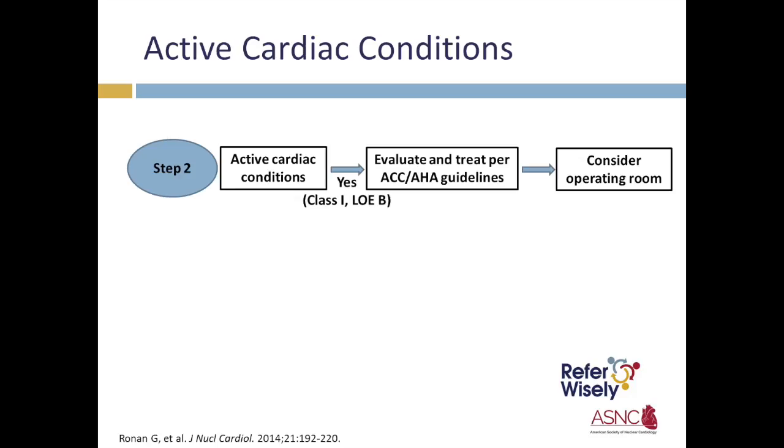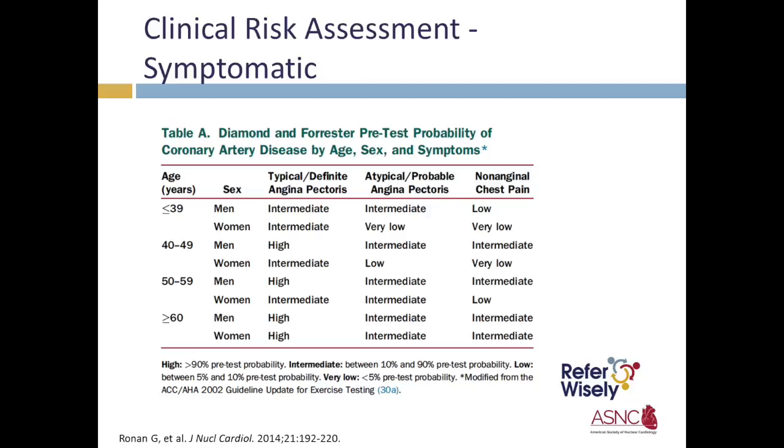So now we really move back into step 2, that this patient may have an active cardiac condition and needs to be evaluated according to a different algorithm. The next slide shows the Diamond-Forrester risk assessment chart of chest pain.